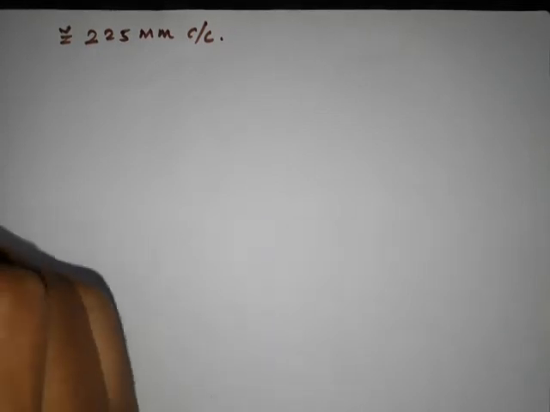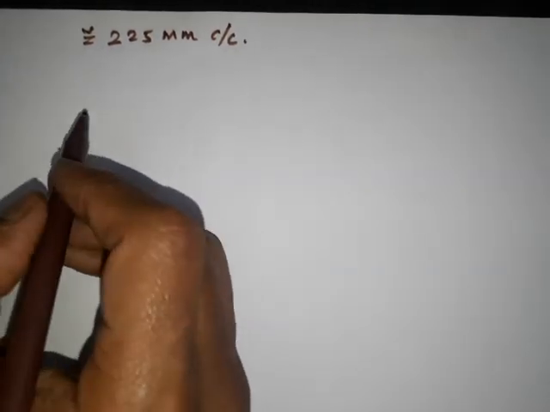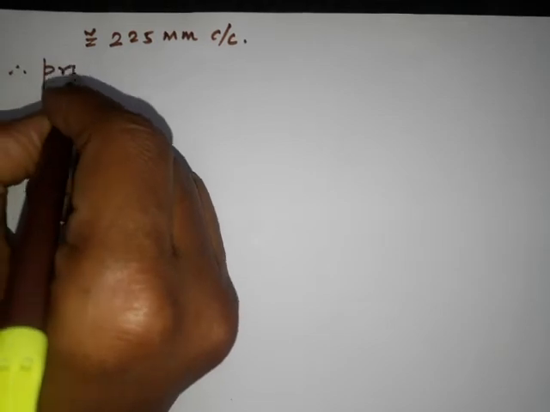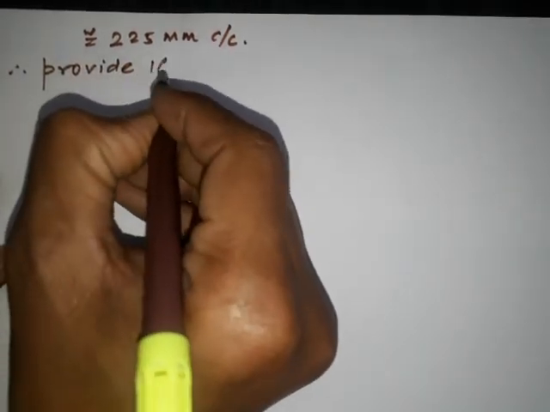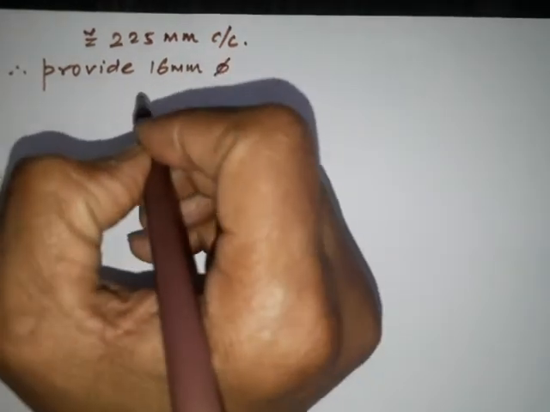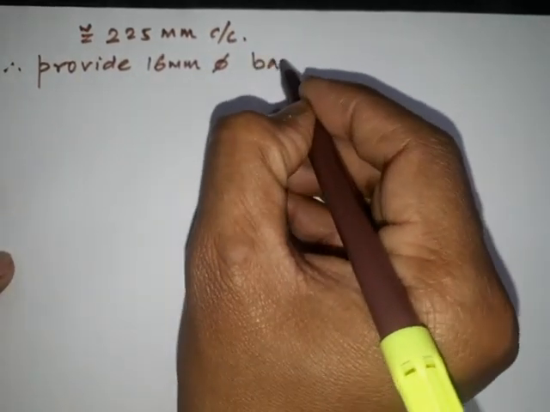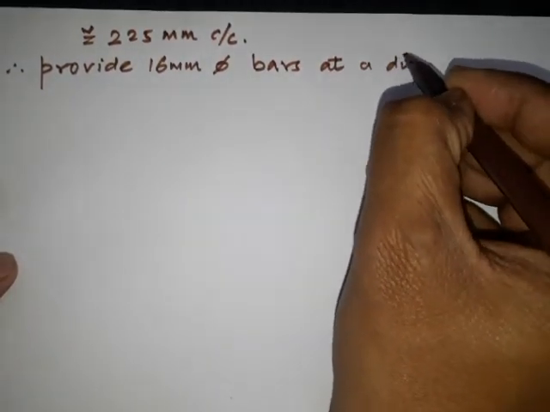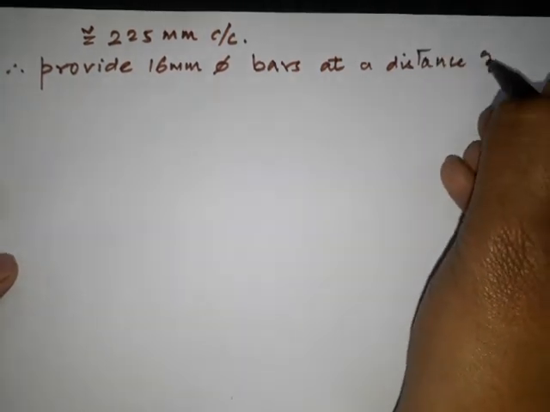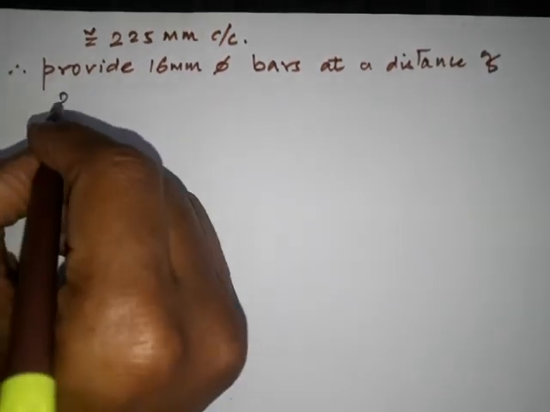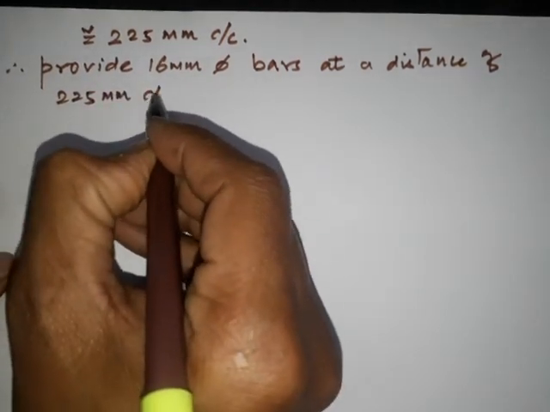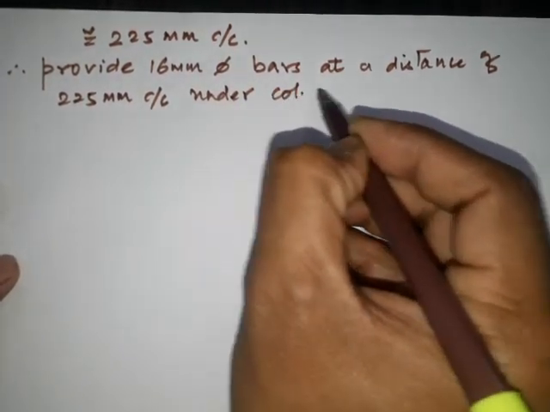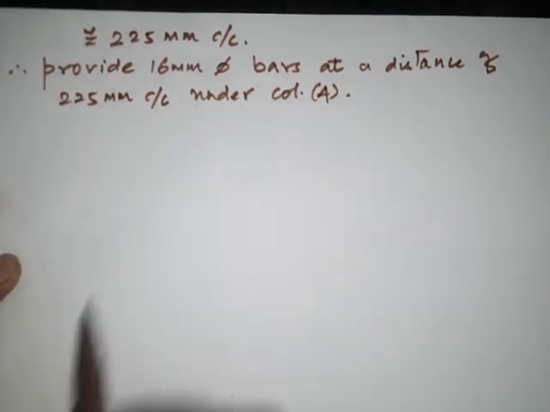So you can write here, therefore provide 16 mm dia bars at a distance of 225 mm center to center under column A. Okay, under column A. Clear?